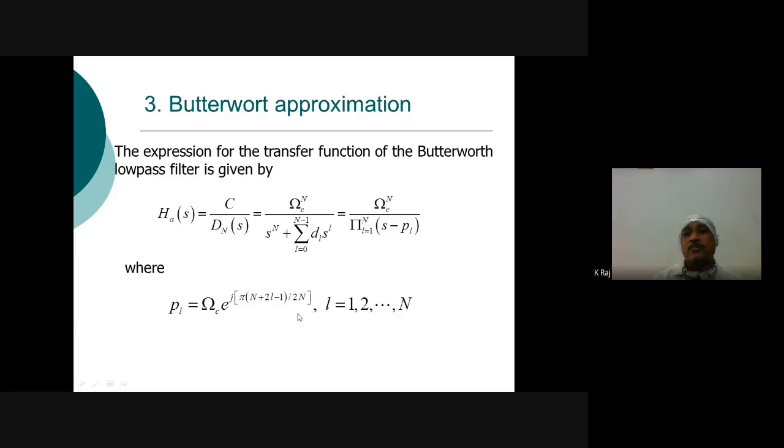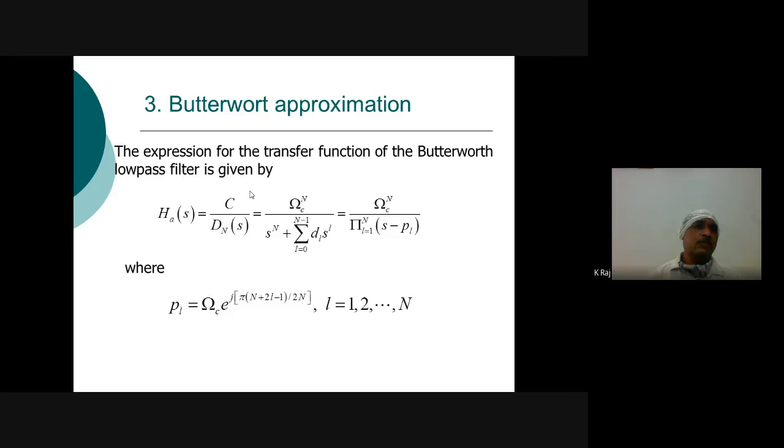If we see, we will find that these are the n roots of unity here. And then after getting p_l, that is the roots, we will derive the transfer function of the analog filter by this representation here.